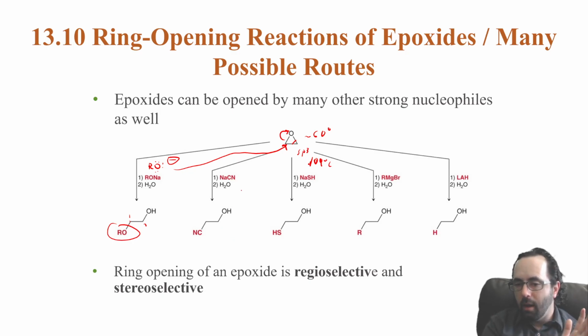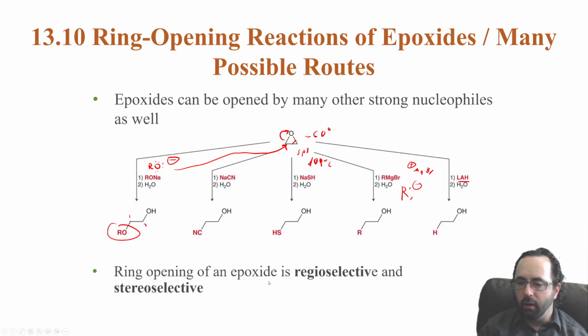We can use cyanide here, another great nucleophile, and hydrosulfide, also a great nucleophile. Another nucleophile would be the Grignard reagent, where we have a carbanion, and then we have the MgBr+, but that's not involved in the reaction. And then also, hydrogen can be added by the use of a strong reducing agent, such as lithium aluminum hydride.